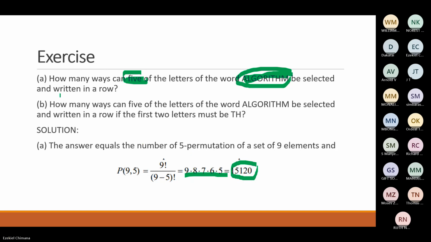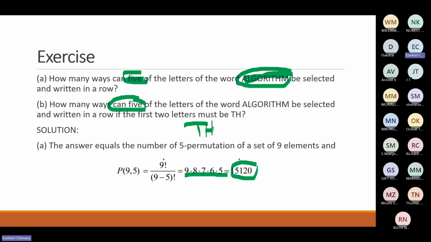That's like that. So how many ways can 5 of the letters of the word algorithm be selected and written in a row if the first 2 letters must be TH? If you look at this one, you are given the first 2 letters as TH. So in other words, you know the first 2 letters of every permutation that you want to create, and the total must be 5. So you are remaining with finding the next 3 letters.